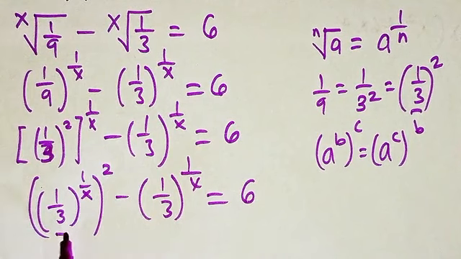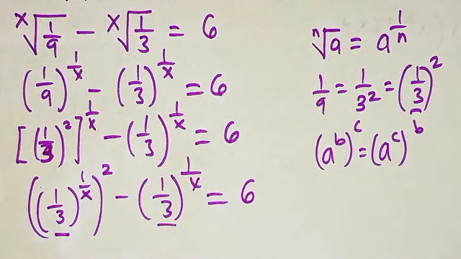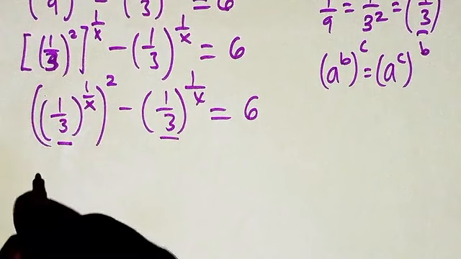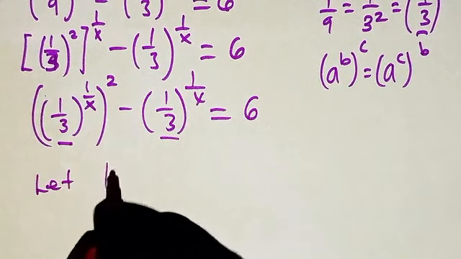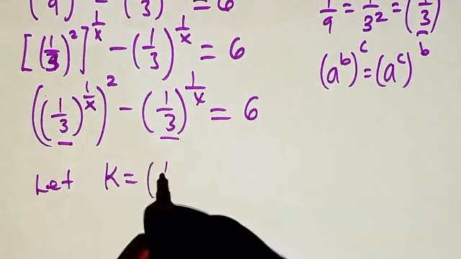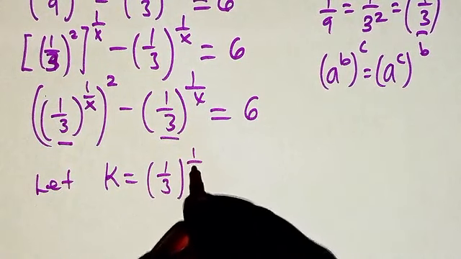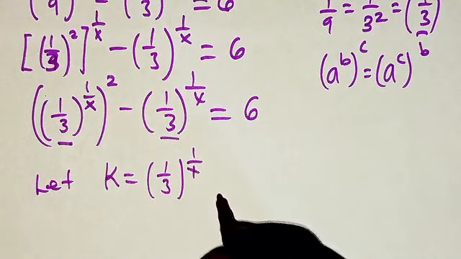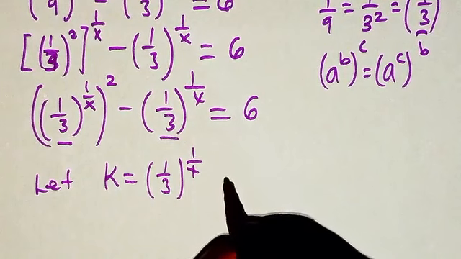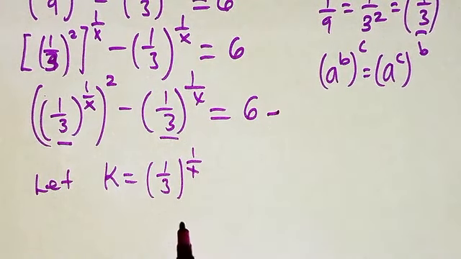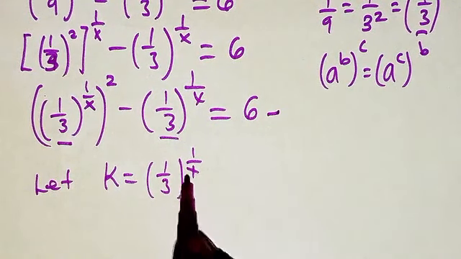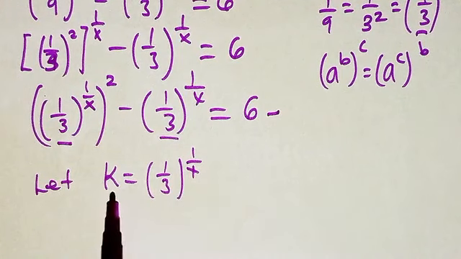We can see that this and this are the same, so we can let k equal 1 over 3 to the power 1 over x. From this equation, anywhere we see 1 over 3 to the power 1 over x, we replace it with k.